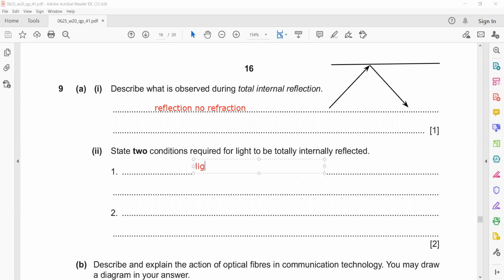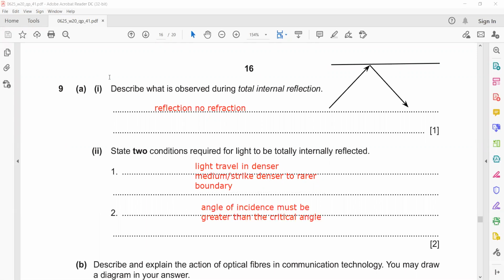Or you can write: light travels in a denser medium and strikes a denser to rarer boundary. And the angle of incidence must be greater than the critical angle, so it can undergo total internal reflection.